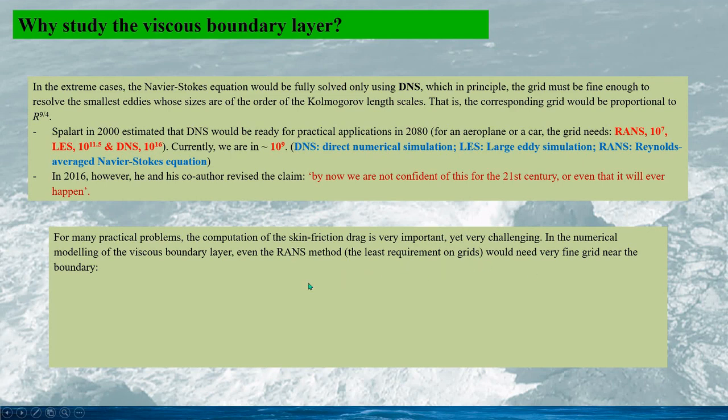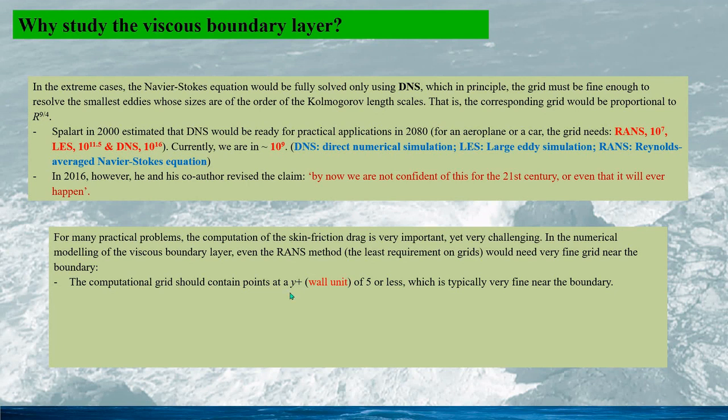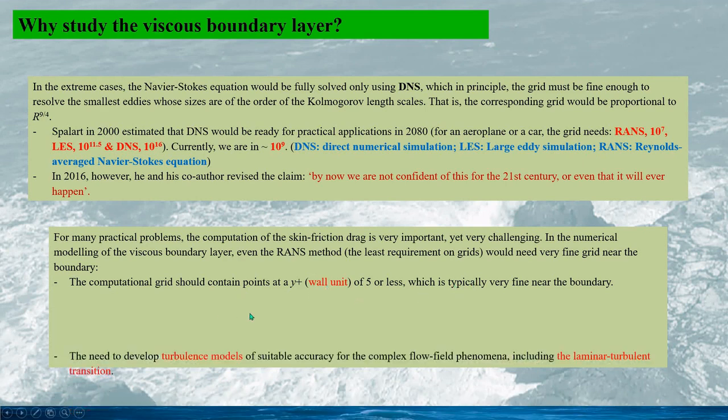For good modeling, a requirement would be that there must be points within the wall unit y plus equal to 5 or less. This requirement would lead to a very large number of grids for LES modeling.